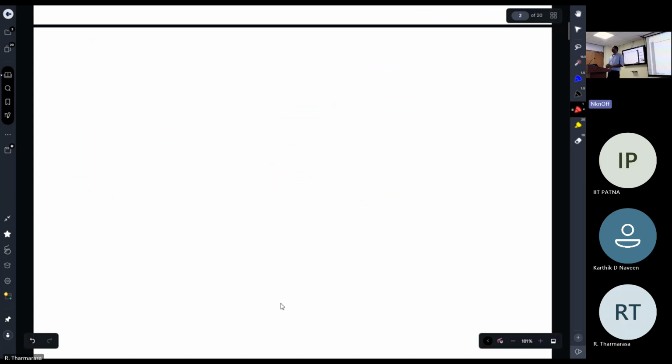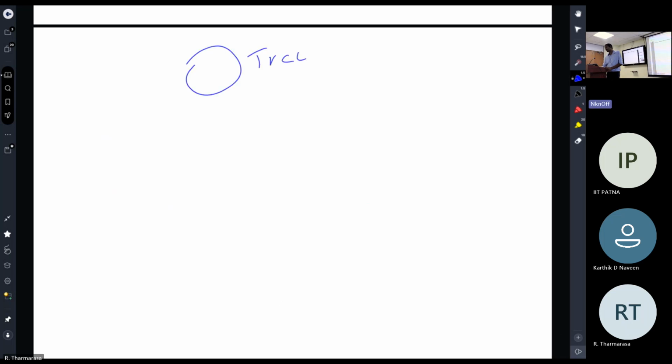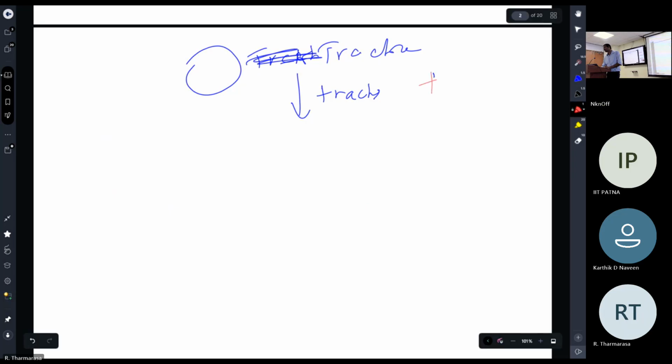Now again I repeat that a tracker can send tracks or tracklets.